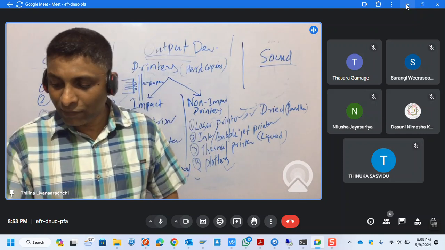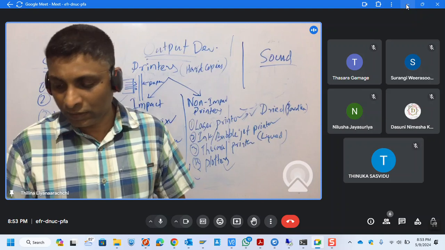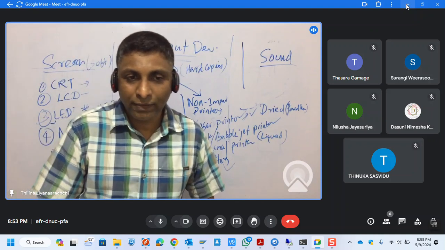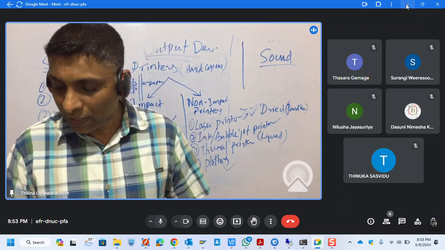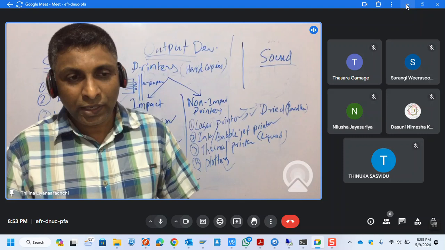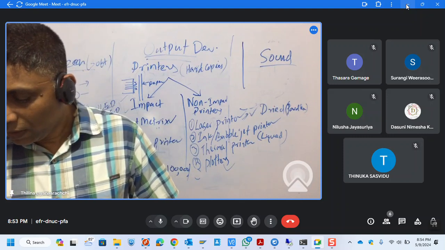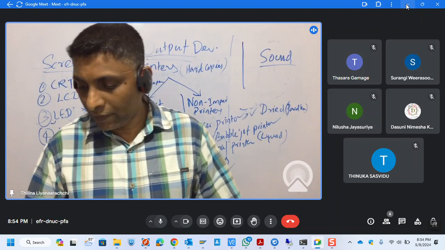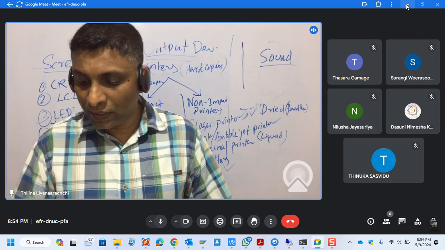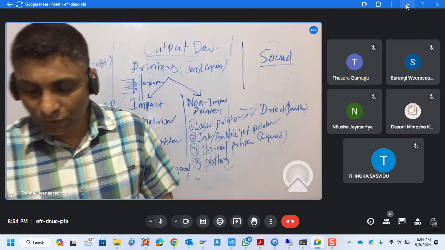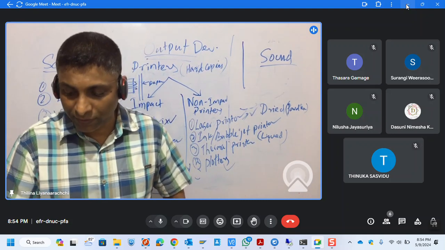Next time we'll quickly go through the CPU, because I have done the CPU several times. And the computer memory we'll quickly go through, and the cache memory, that's a new thing. I will explain what cache memory is, and the secondary memory. We'll talk about hard disk drives, which are hardware things, so very interesting.